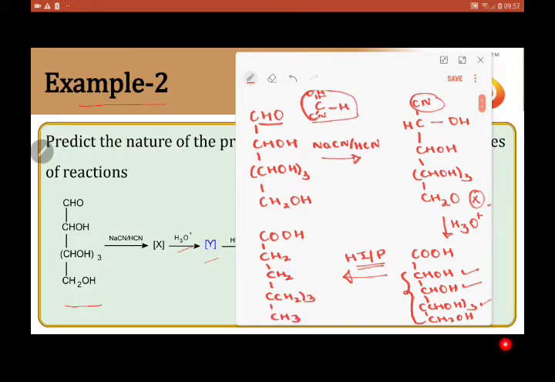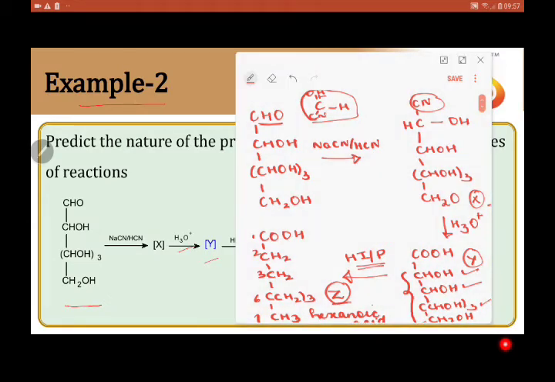So the number of carbons are 1, 2, 3, 4, 5, 6 and 7. Therefore, this compound is heptanoic acid. Hence, this is compound Z, this was Y. Z here is heptanoic acid.